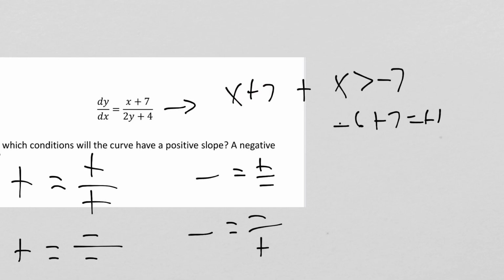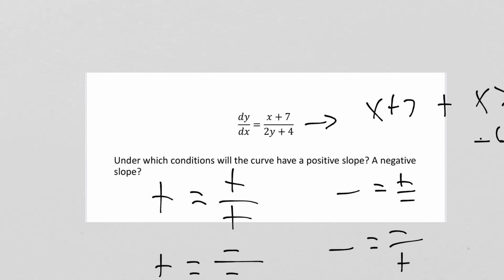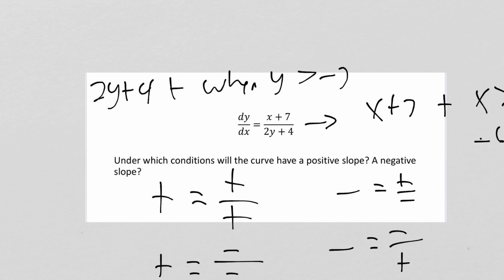What about 2y plus 4? When is it going to be positive? Okay, well, 2y plus 4 is positive when y is greater than negative 2. Because if y were equal to negative 2, then we would have 2 times negative 2 plus 4, which equals 0. So as long as y is bigger than negative 2, we're also going to have a positive number.